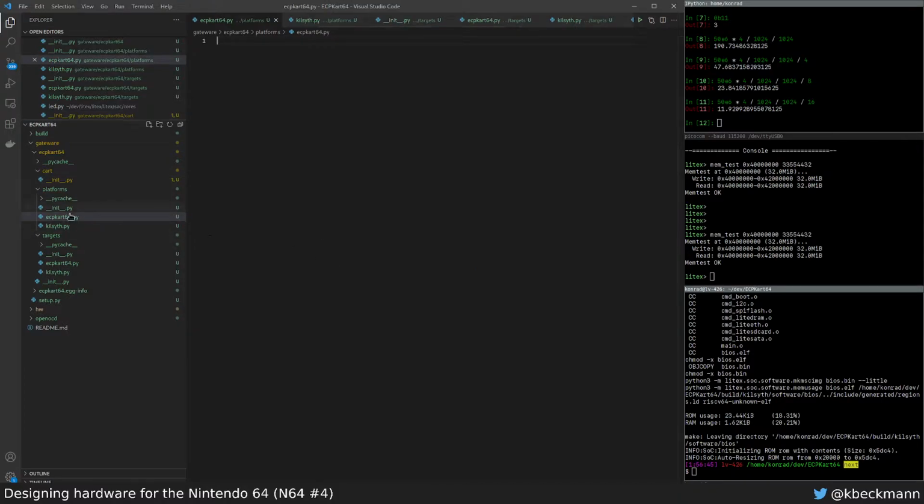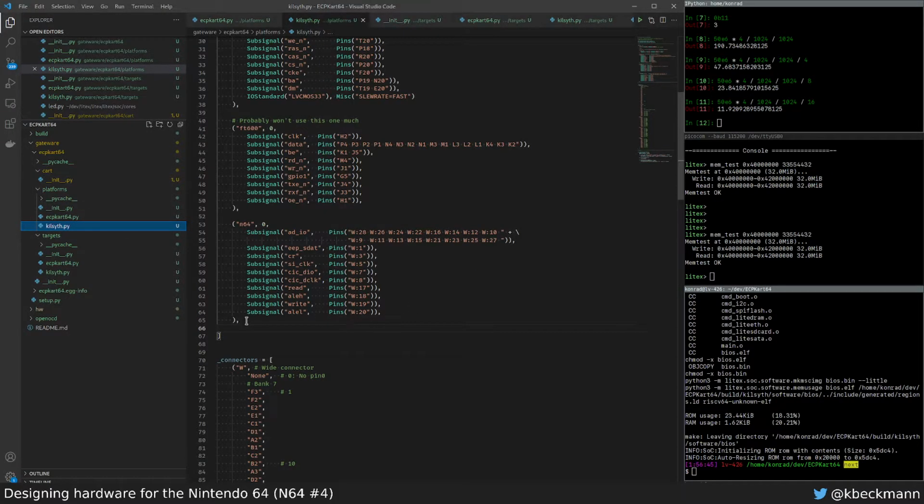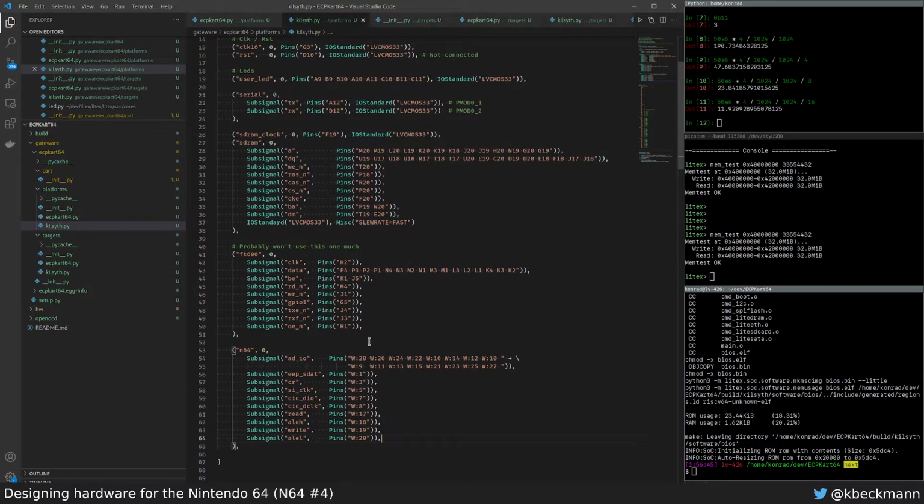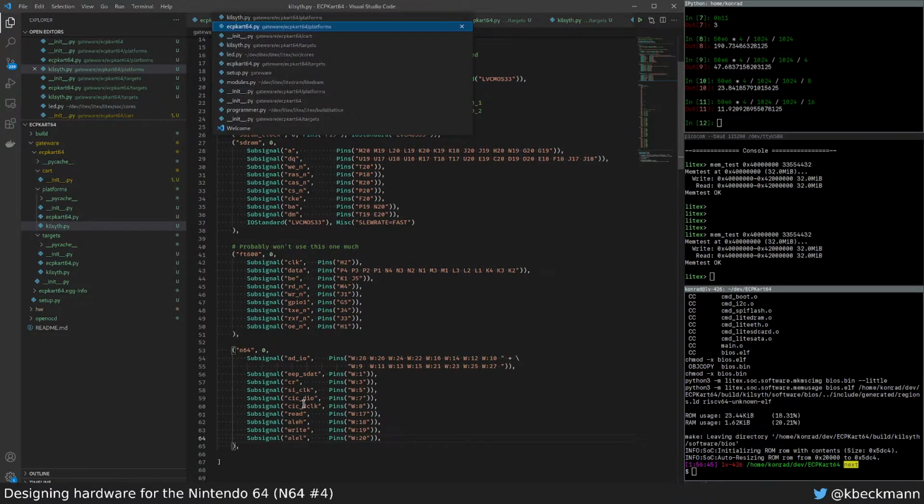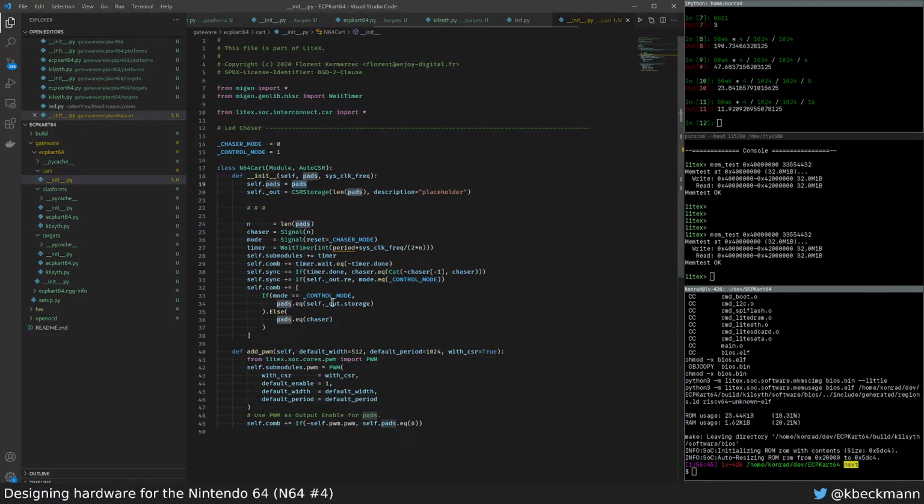The way I defined the IOs is that I have this N64 group. I'm not really sure what the word is for this, but it's a group of signals, subsignals. So I need to request these somehow. It's been a while, and I am really rusty, because this is in Migen.